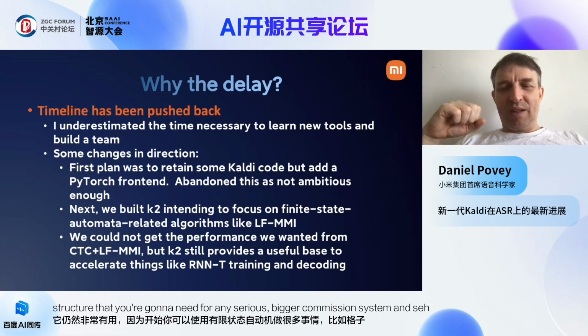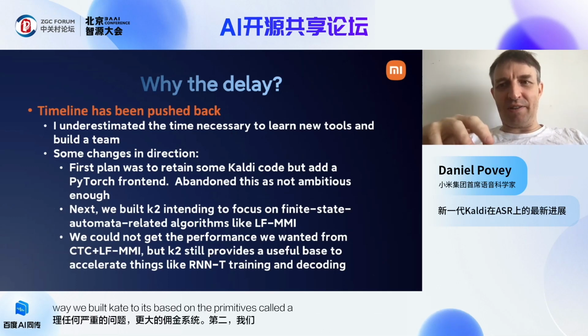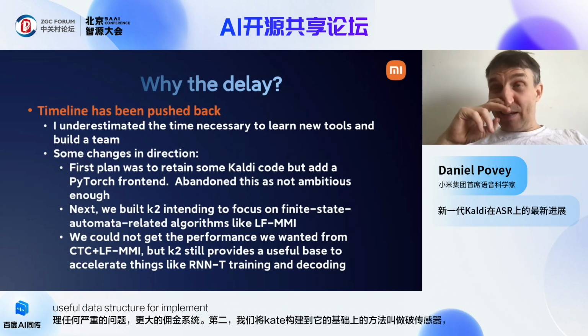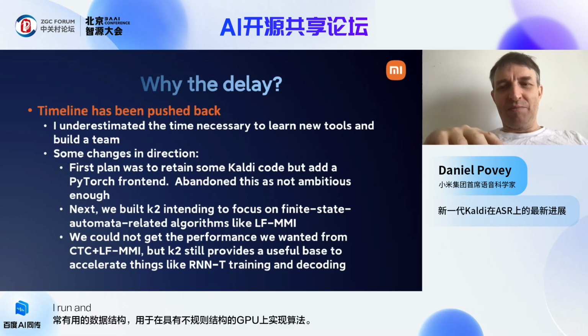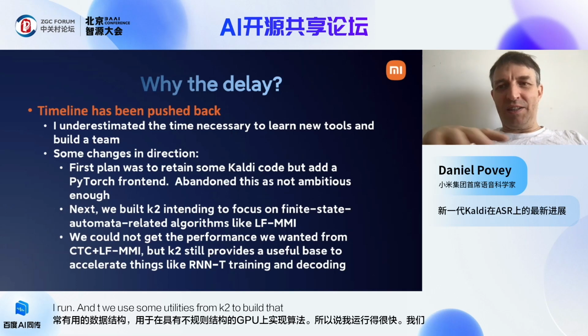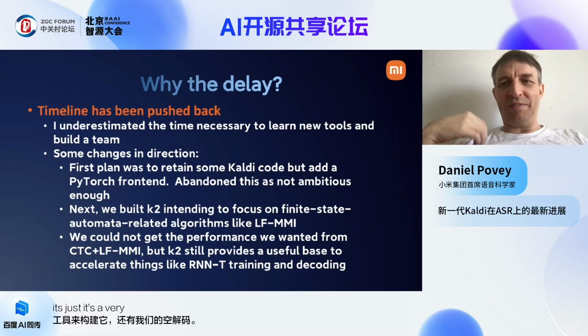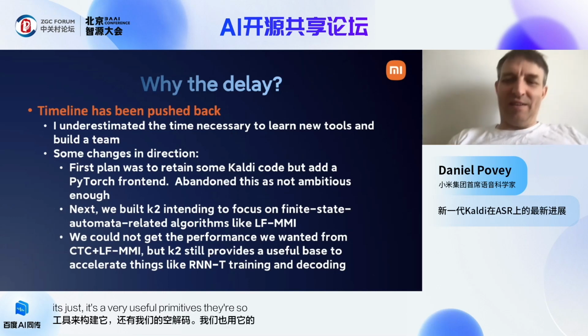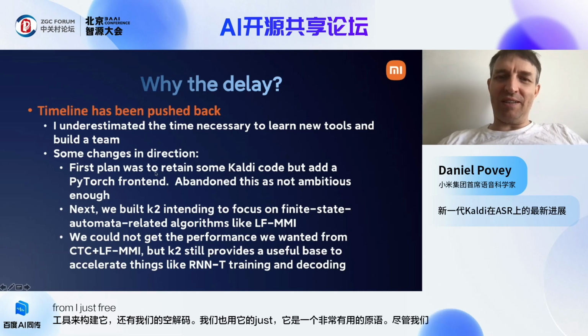Secondly, the way we built K2, it's based on primitives called ragged tensors, which is a very useful data structure for implementing algorithms on GPU that have irregular structure. For fast RNNT, we used some utilities from K2 to build that, and for RNNT decoding, we also used K2. There are some very useful primitives there. So even though we switched focus a little bit from lattice-free MMI to RNNT, it's still very useful.